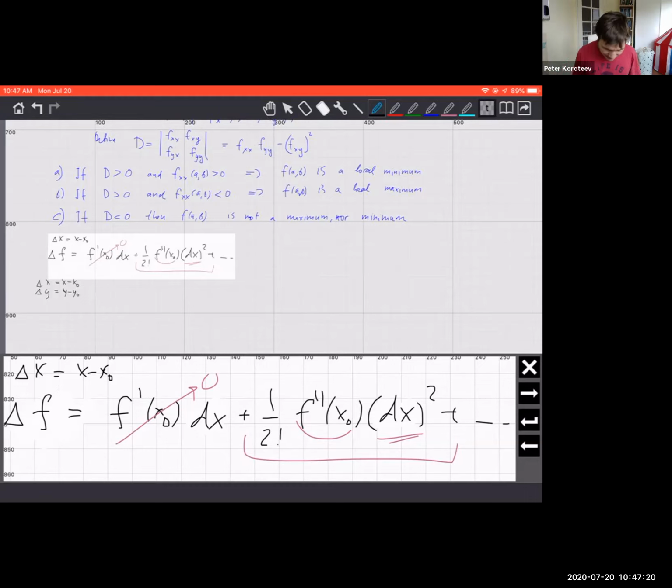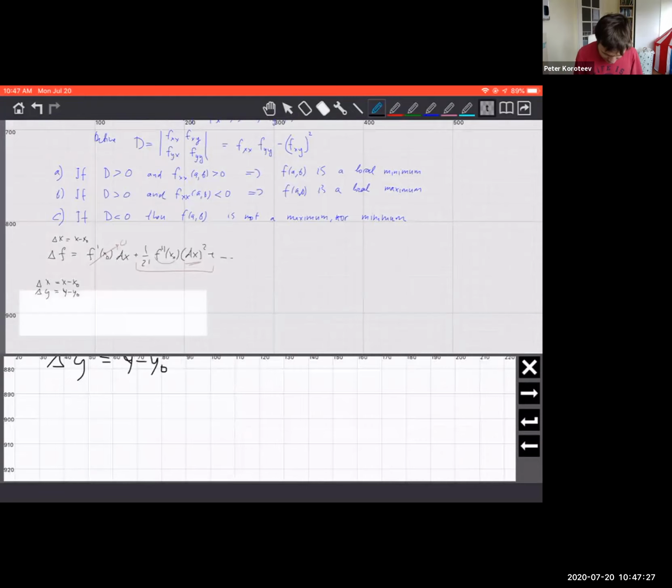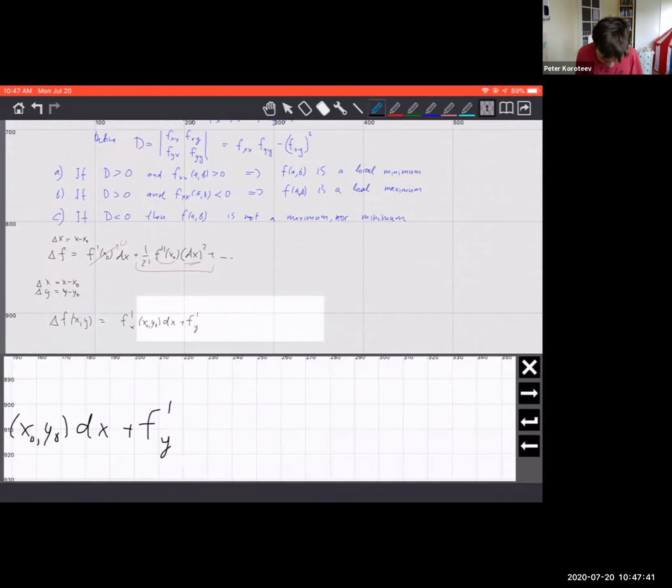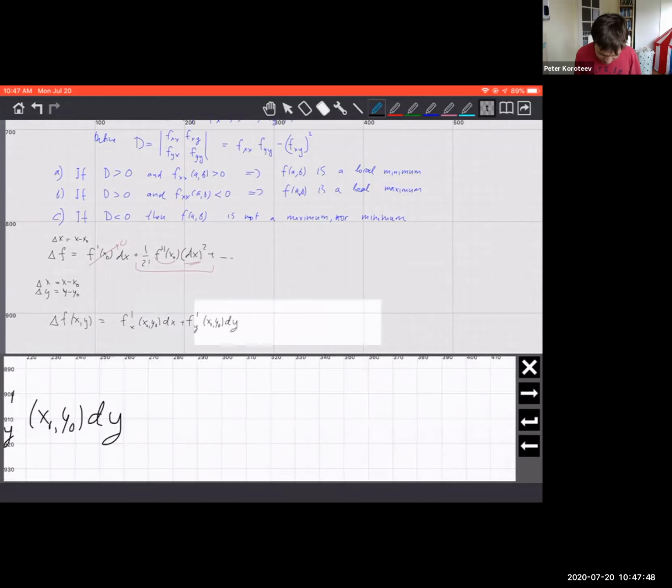Okay. Now what we're going to do is generalize the differential to the differential of a function of higher dimension. So now delta f of x, y will be f prime x at (x0, y0) dx plus f prime y at (x0, y0) dy. These two terms will disappear if you're sitting at a critical point.